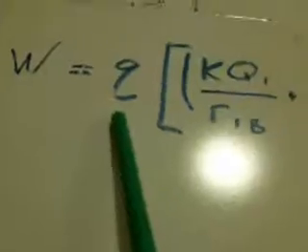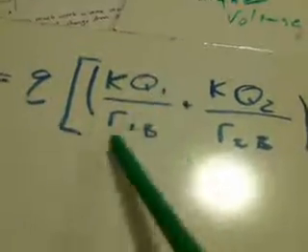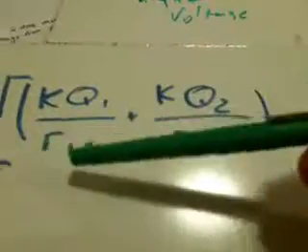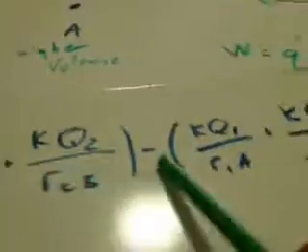So work, again, Q, the delta V, voltage, KQ over R. So this is R. That is from B minus A, final minus initial.